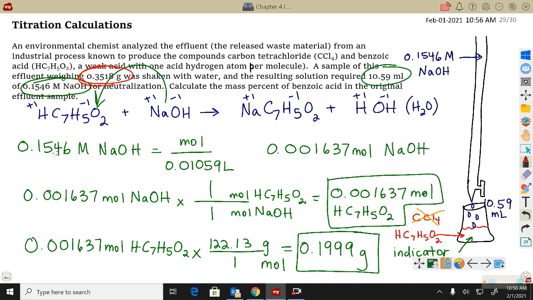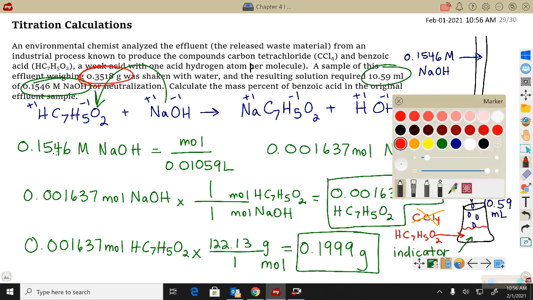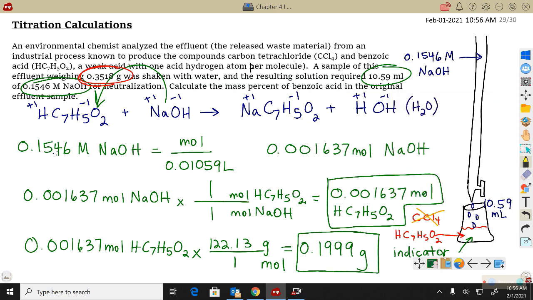It's just solution stoichiometry. It's just that I'm mixing two solutions until I hit the ratio from the balanced equation, which here is 1 to 1. There's always one solution that you can start with to find moles. You've got to have one solution that you can find moles of.